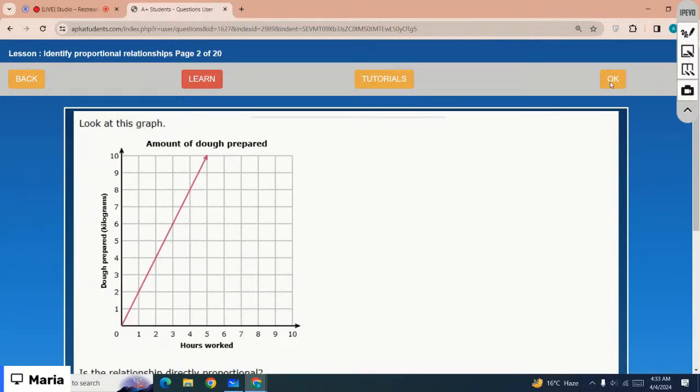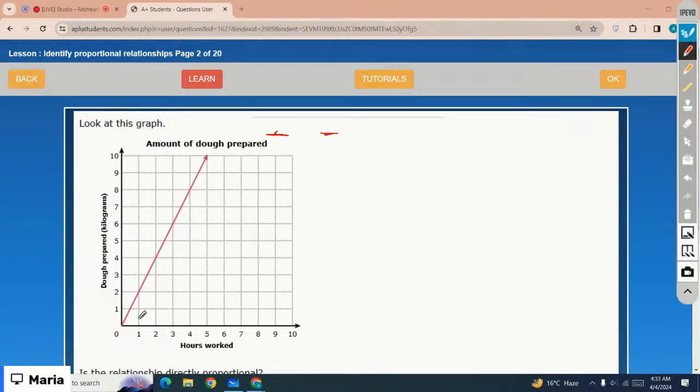Okay, look at this graph. Is this relationship directly proportional? Yes, it is, right? One thing is the graph is a straight line passing through the origin. The second thing is if you want to check the ratio, you can see they are increasing by the same value every time.